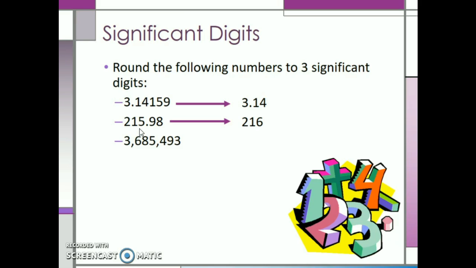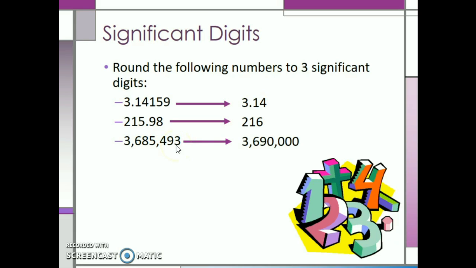If we wanted to round 3,685,493 to 3 significant digits, we would round it to the nearest 10,000. In this case, since the number to the right of the 8 is equal to or greater than 5, we round 8 up to 9. Then we fill in the rest of the digits with zeros.